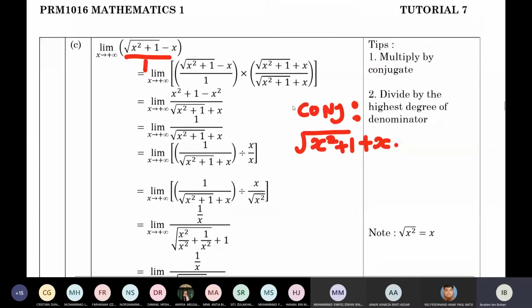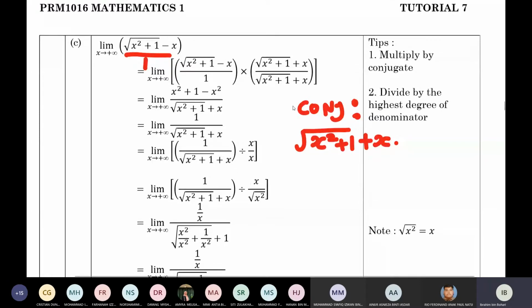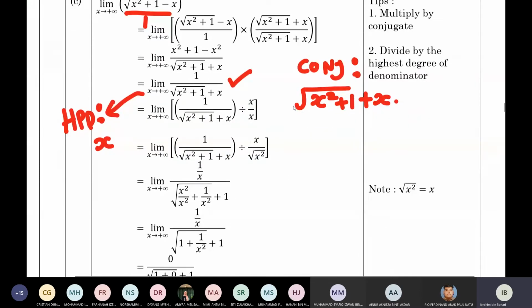And then you expand, and answer here equals to x squared plus 1 minus x squared, and here equals to 1 over the cube root of x squared plus 1 plus x. And the highest power of the denominator, sekali lagi, HPD, the highest degree here equals to x. And divide by the highest degree of the denominator, 1 divided by x, and denominator here divided by x.